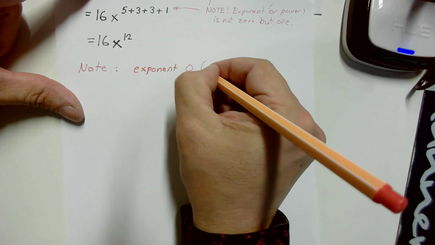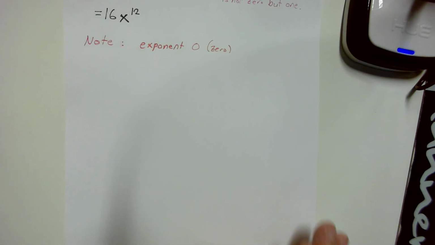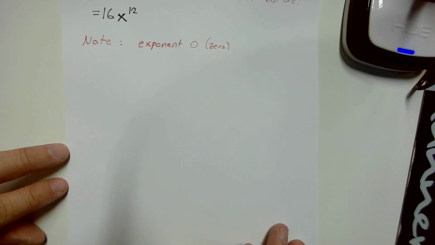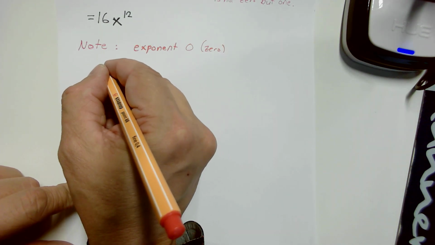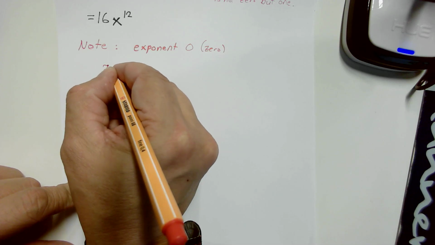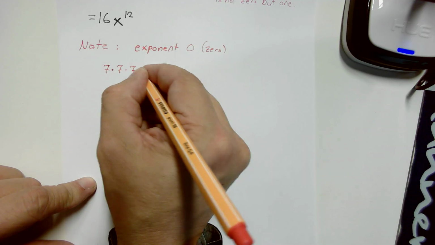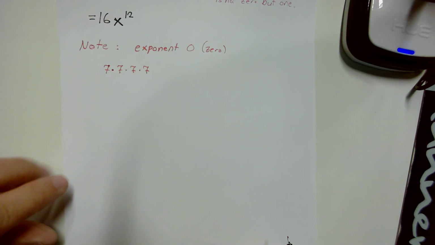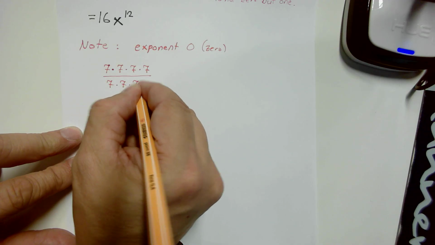Exponent 0. For example, if we have this kind of number example, let's take 7 times 7 times 7 times 7 times 7 divided by 7 times 7 times 7 times 7.